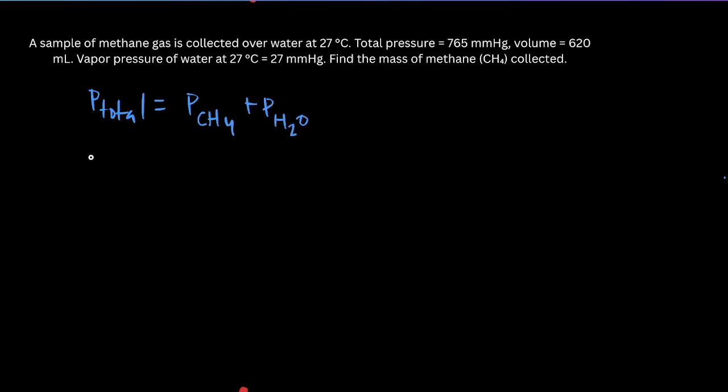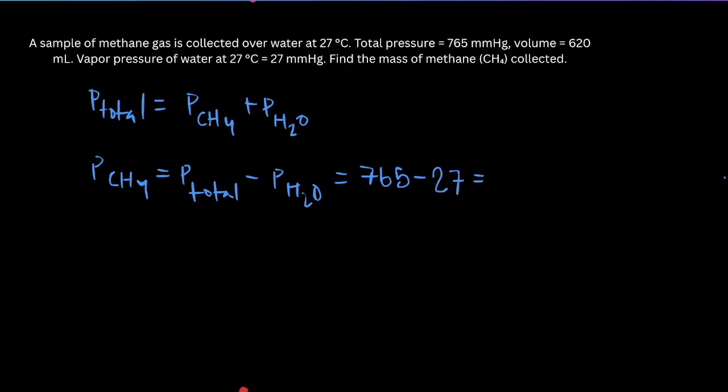And so the pressure of methane is just the total pressure minus that from the water vapor. We're just going to do 765 minus 27, giving us 738 millimeters of mercury for our methane gas. That is the partial pressure of methane.